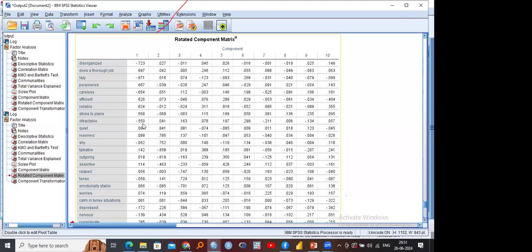If you must have studied regression in the previous class, you would have studied multicollinearity. Factor analysis is one beautiful way of dealing with multicollinearity. If you have many variables which are highly correlated with each other, you identify which variable should be removed, how to reduce the multicollinearity, this is how we do it.